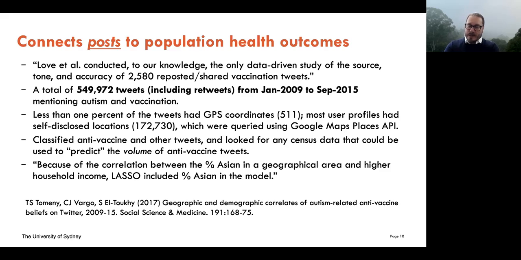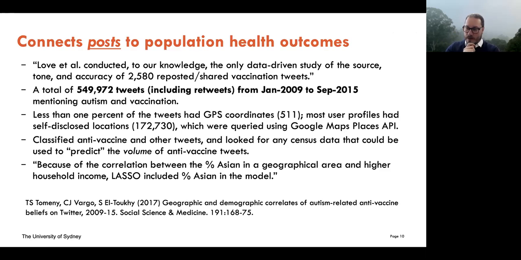In this paper, the authors collected tweets that mentioned 2 things, autism and vaccination. They collected a bit over 500,000 tweets, including retweets, between 2009 and 2015. That's actually not a lot of tweets, and I'll show you later that it's a relatively small number. But they only looked at tweets that mentioned both autism and vaccination.